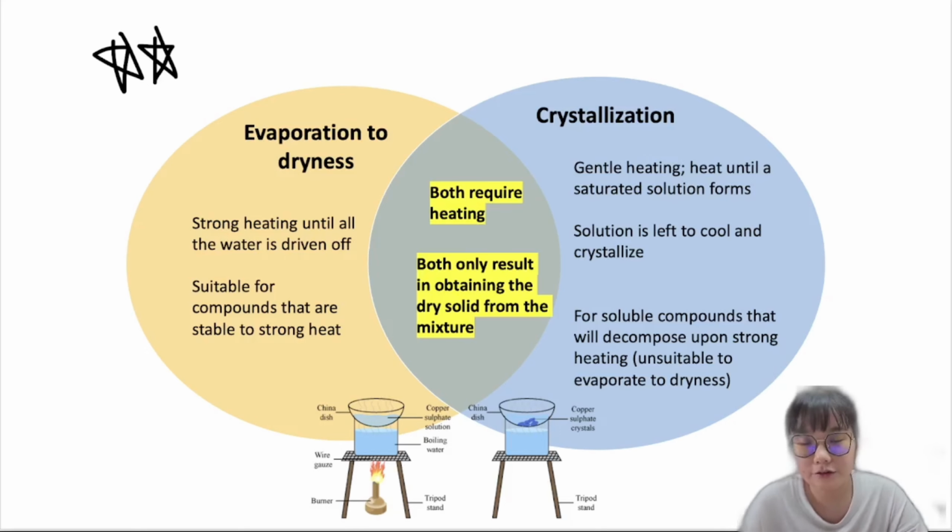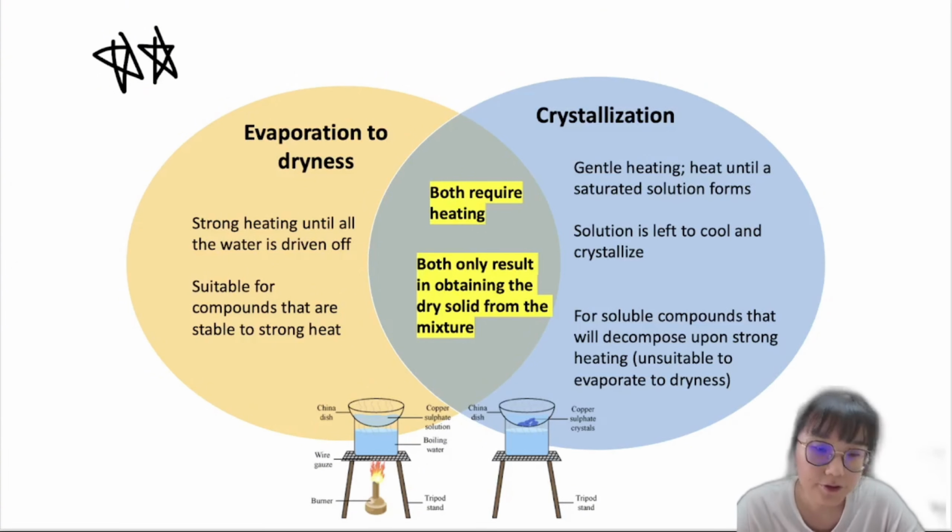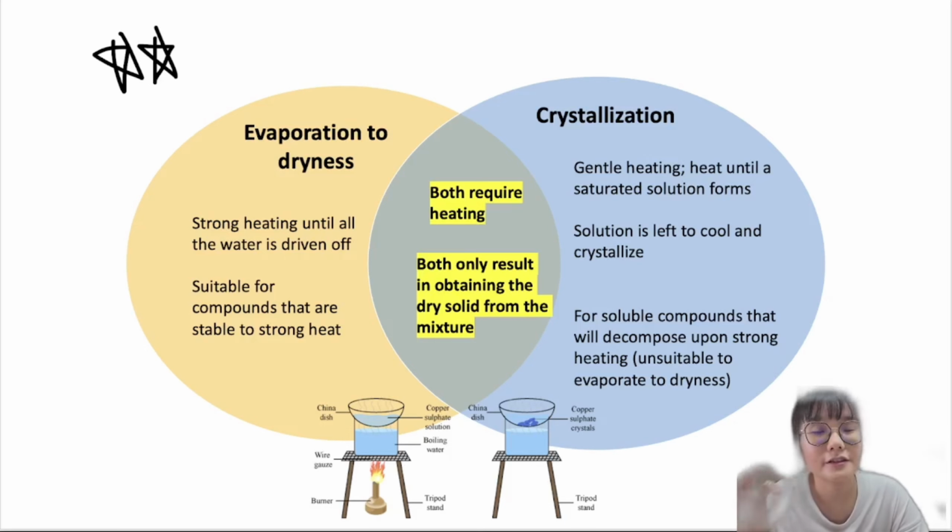So for those kinds of compounds, you will use crystallization instead, where you heat until a saturated solution forms, then you leave it to cool and crystallize. Those are some keywords that you will be required to use in your description. So evaporation to dryness will be strong heating until all the water is driven off, and for crystallization, the terms are cool and crystallize.